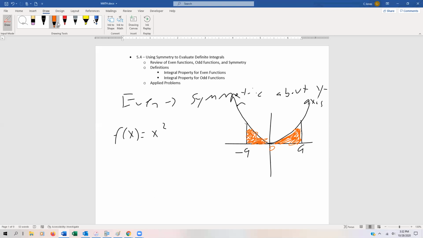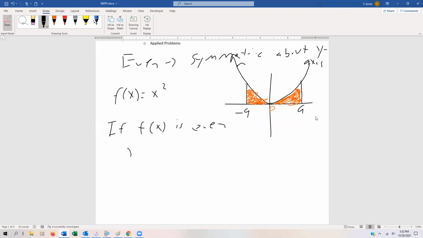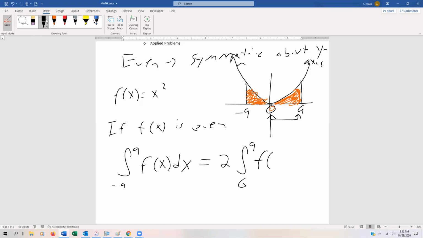So wouldn't it suffice to say that if f of x is even, the integral from negative a to positive a of f of x dx is going to be equal to, well, we could just go from 0 to a and then just double it, all right? Because that way we incorporate this part. So that would be two times the integral from 0 to a of f of x dx.